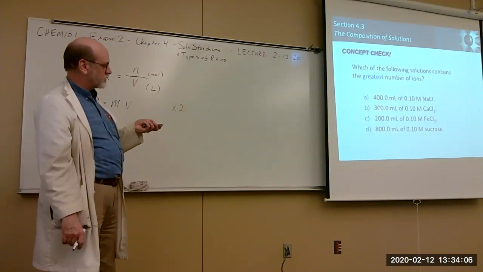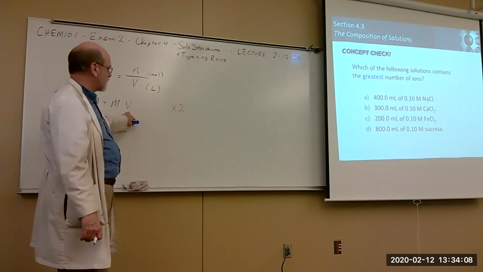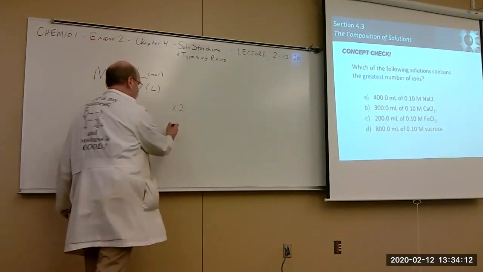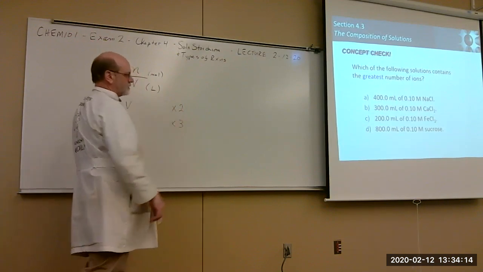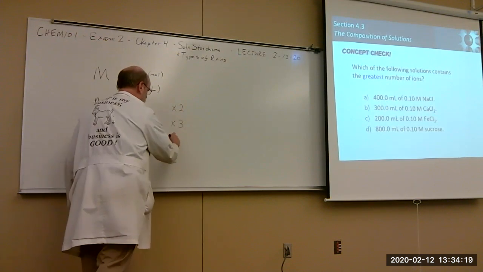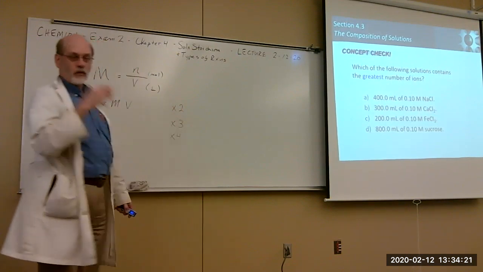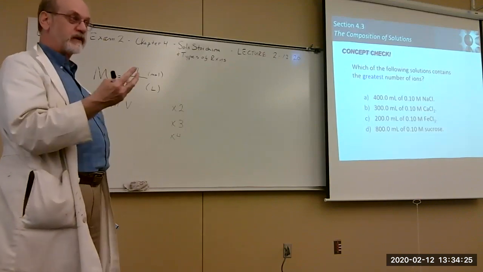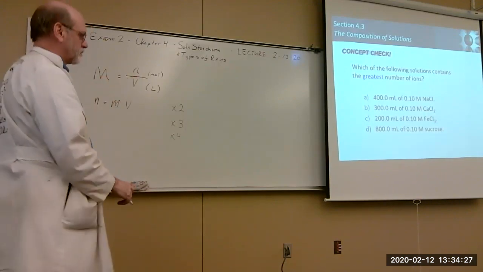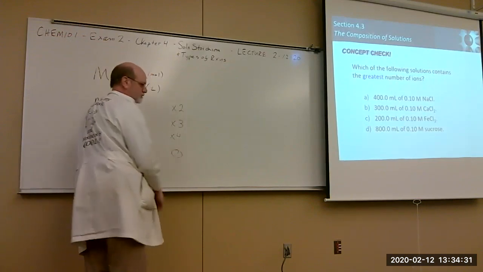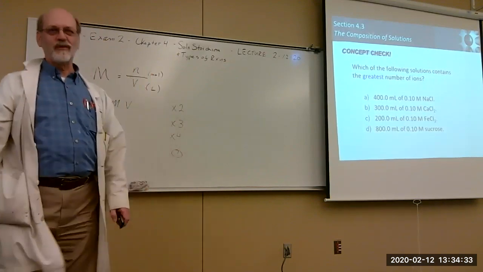Do the same thing for this one. Molarity times volume, and this has to be in liters. And now you're times 3 for calcium chloride. For iron 3 chloride, it's times 4. Right? Because you've got 1 iron 3 ion and 3 chloride ions. And sucrose is 0, because it doesn't form ions.